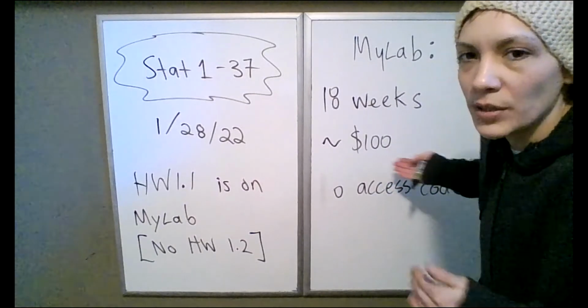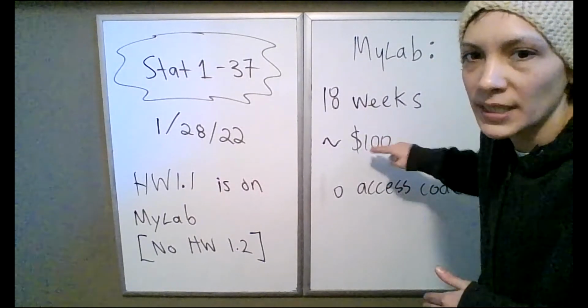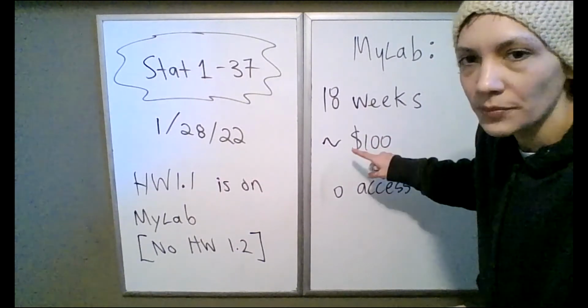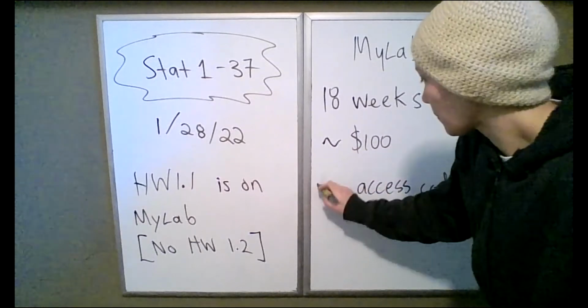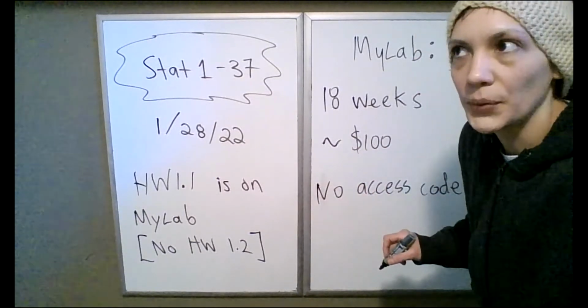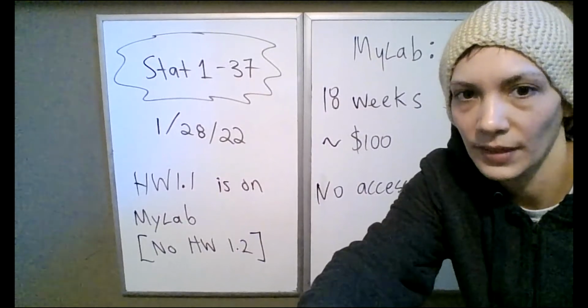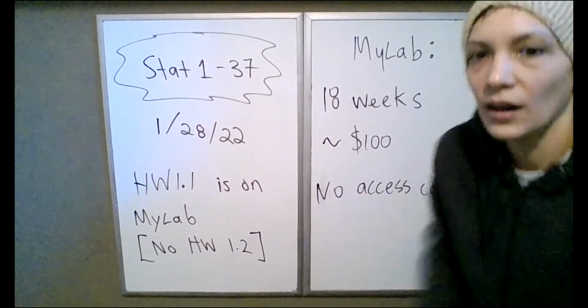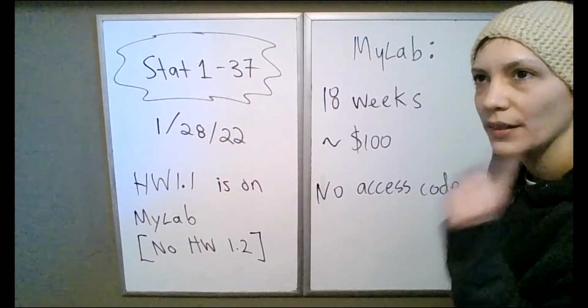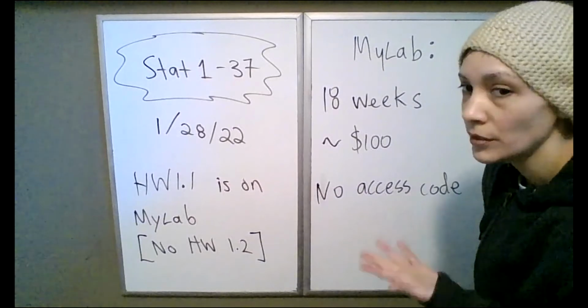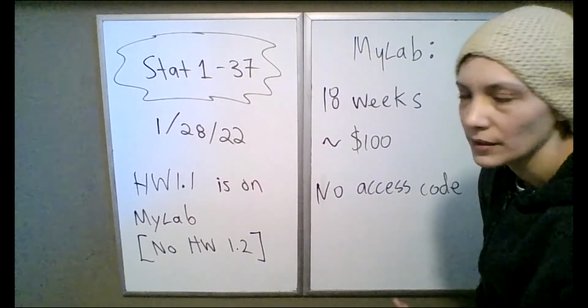I don't know if the bookstore price matches, but I know it's at least less than $100. Thanks for sharing that information. There is a course ID, but you shouldn't need it. I'll write it down, but still.